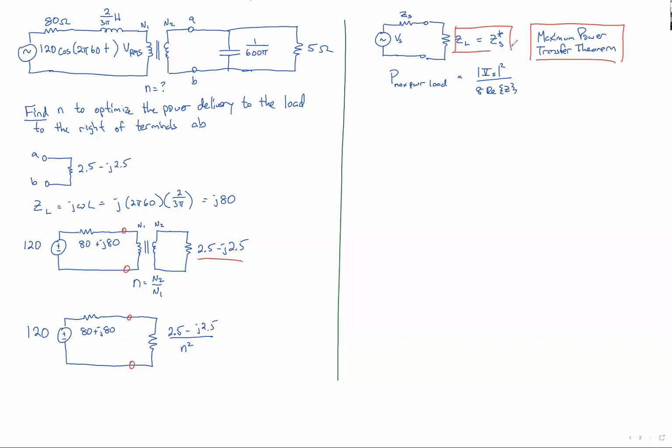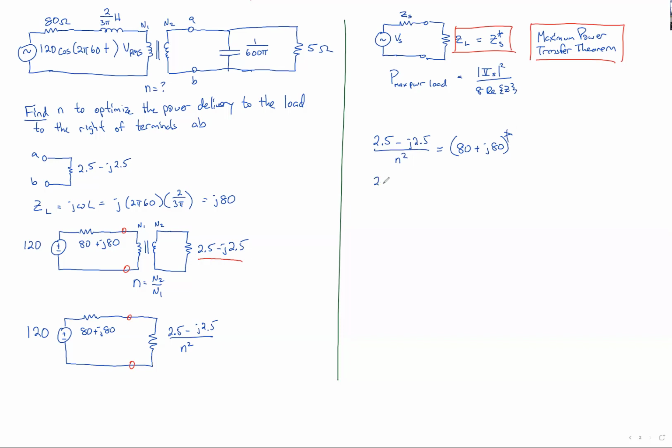All we need to use is this highlighted part, because we know that our load impedance, 2.5 minus j2.5 divided by N squared, it'll appear different as we change around the transformer, has to be equal to the complex conjugate of our source impedance.